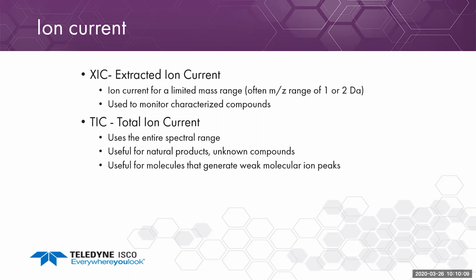The total ion current uses very nearly the entire spectral range, and it's useful for natural products or if you just don't know what the compound is. And I sometimes use it if my molecule generates a very weak molecular ion peak. I'll run a range that encompasses the fragments, or I will show you how I use a small range to look at all of the isotopes in a peptide.